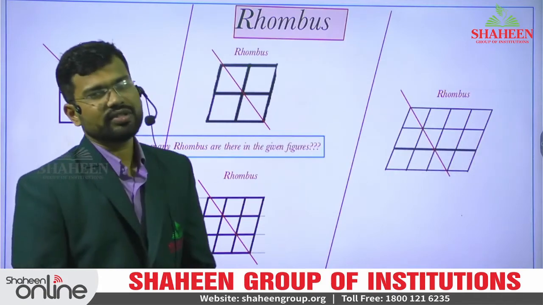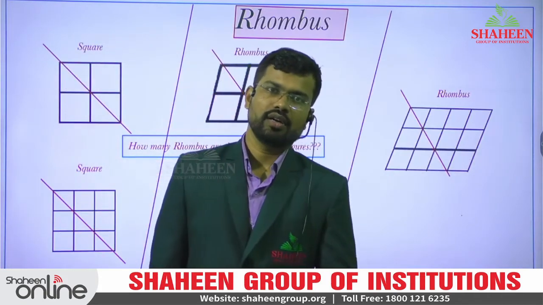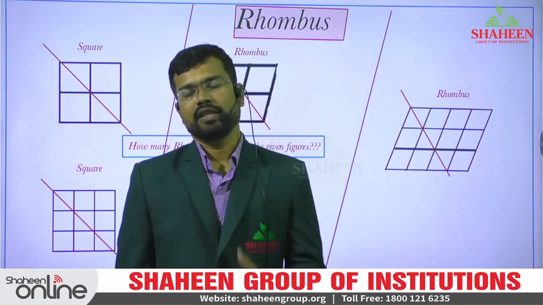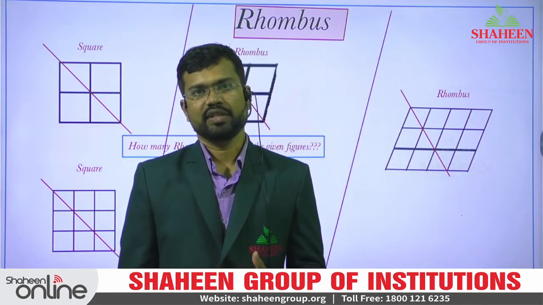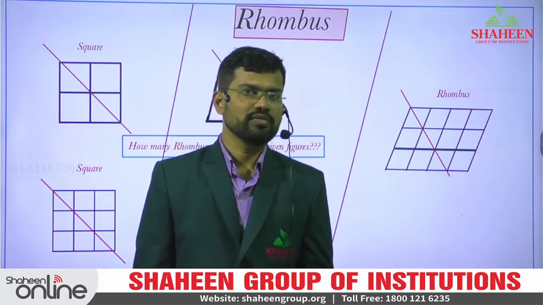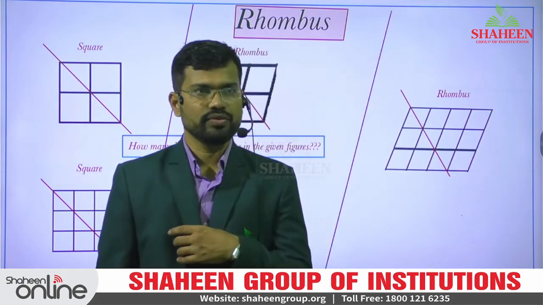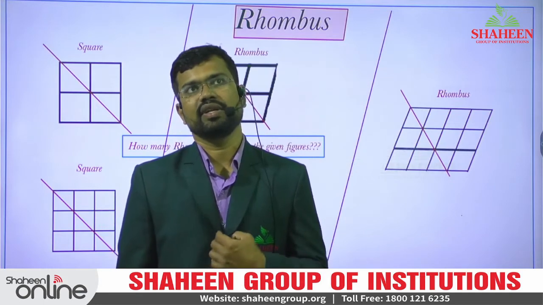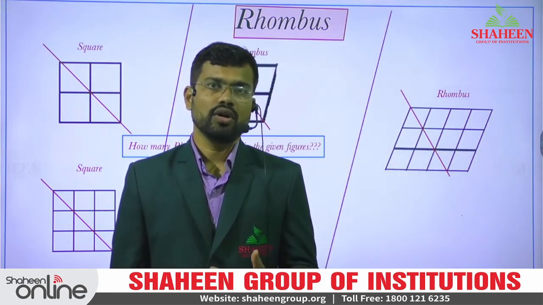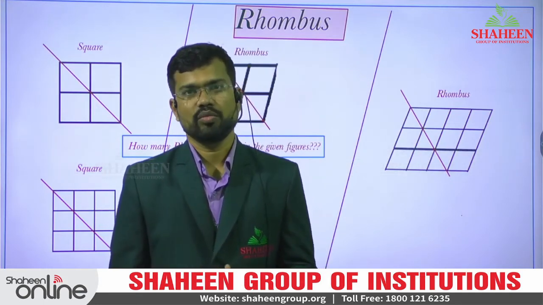Now let us move on. Friends, this is how we need to count the number of squares in the given figure, and this is the concept of square. Now the concept of square and rhombus, the way we find them. Square and rhombus are the same.